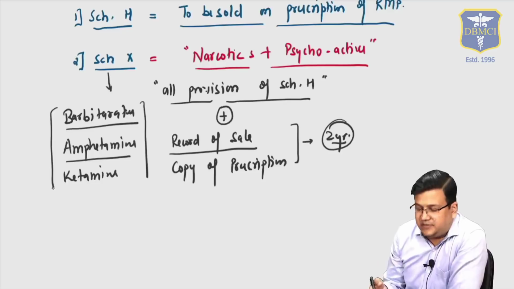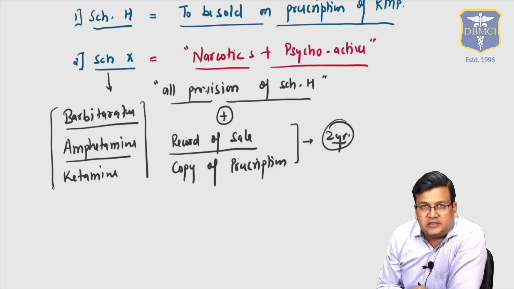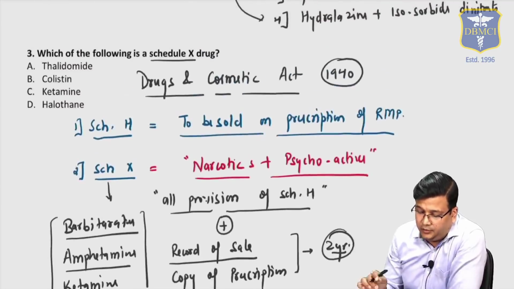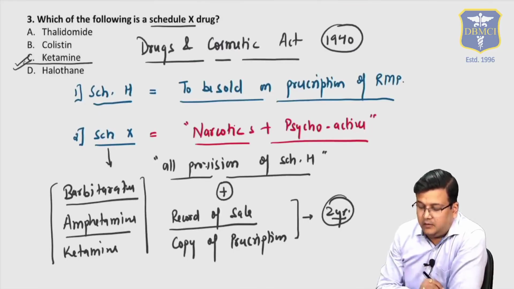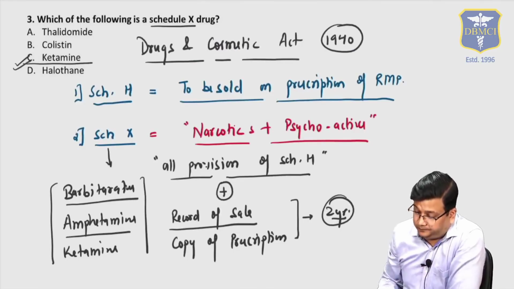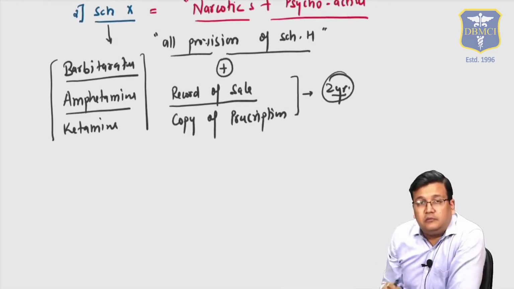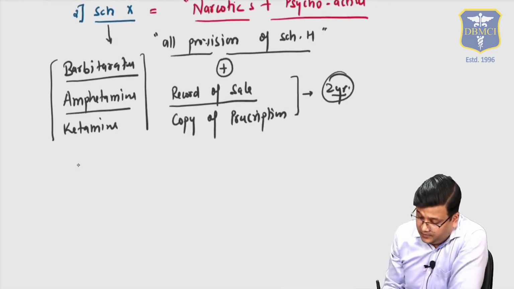All psychoactive substances are placed in Schedule X. So this is what has been asked. Based on this, now you can attempt the question. Schedule X drug out of the ones given will be ketamine. So the answer is ketamine.